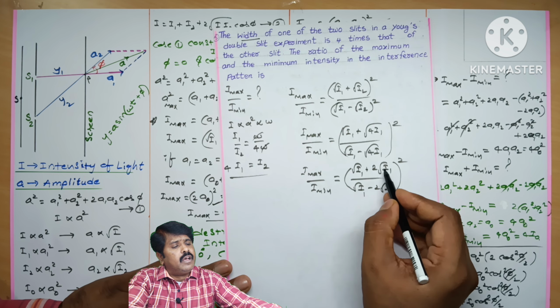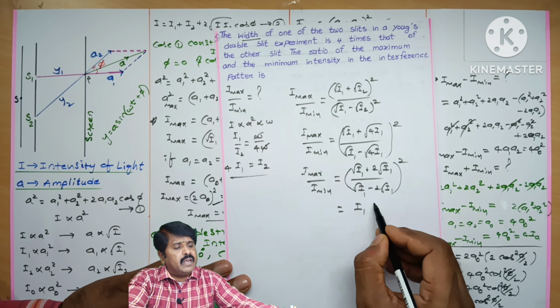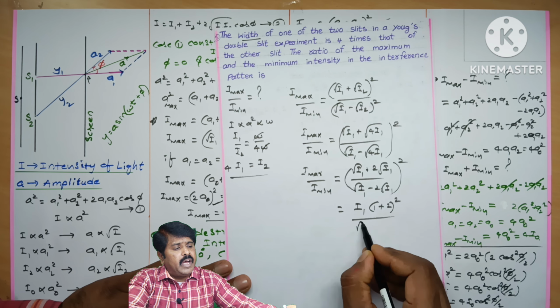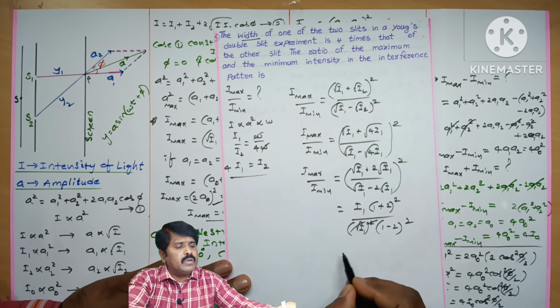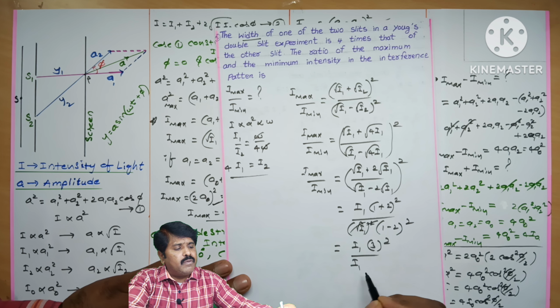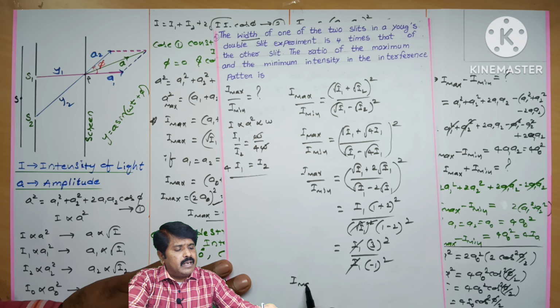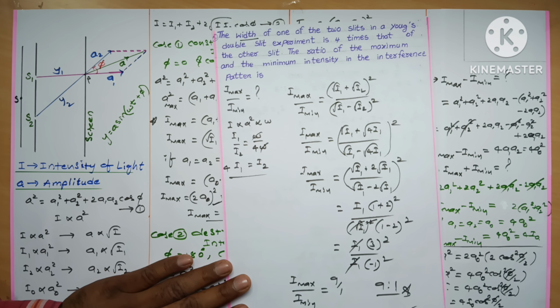Here root I1 is common, so root I1 gets cancelled, that is 1 plus 2 whole square divided by 1 minus 2 whole square, so I1 into 3 whole square divided by I1 into minus 1 whole square, I1 cancels, so I am getting I max divided by I minimum which is equal to 9 divided by 1, that is 9:1 is the answer for the given question.